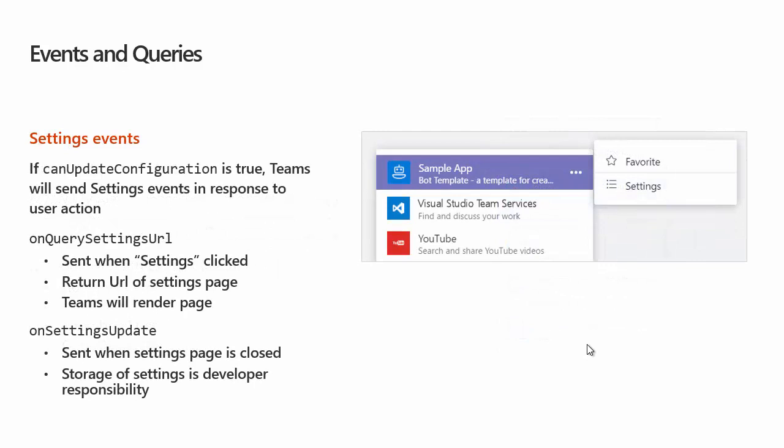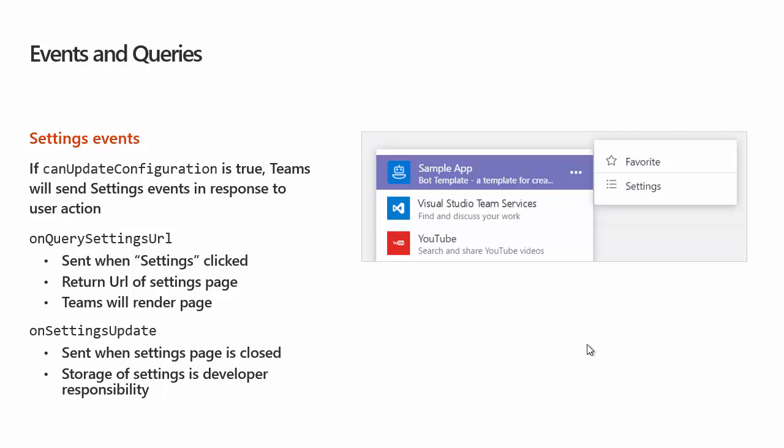Now, as you saw earlier, there are 3 different invoke messages. One is the query, but then we have the query settings and settings update. If there is some type of configuration experience that you wish to offer or that you require, you can include that in your manifest, and Microsoft Teams will then enable an ellipsis next to the compose extension. The ellipsis context menu then has a settings link.